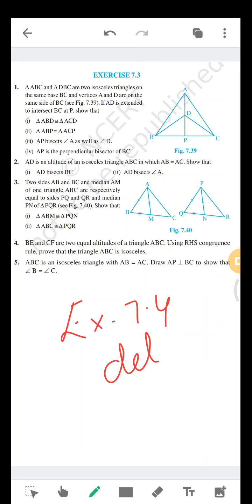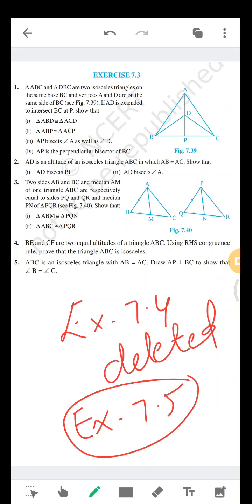We are not going to do exercise 7.4, and even the optional exercise, that is exercise 7.5, is always deleted. This is just for your knowledge. So exercise 7.4 is deleted this year, and exercise 7.5 is optional, no need to do that. So this will be the last exercise of this chapter, triangles.